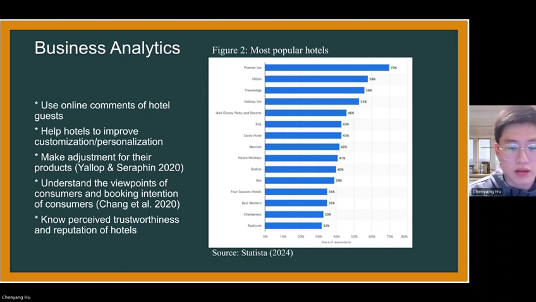But for business analysis, I can use online comments of hotel guests to understand the viewpoints of consumers, perceived trustworthiness of hotels, hotel reputation, and booking intention of consumers. I can also use the data collected to help hotels improve customization and personalization and make adjustments for their products.